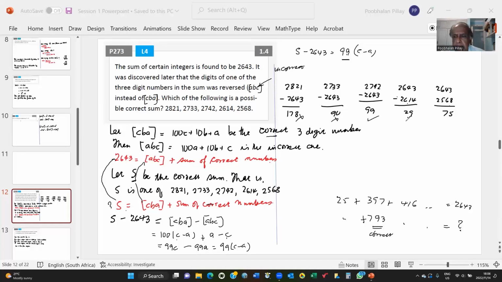Yes, this is. That is not. That is not. So this is the correct one, right? And the S that corresponds to this is 2742. One of these gives the correct answer, and it's that one. So the answer to the question is 2742.